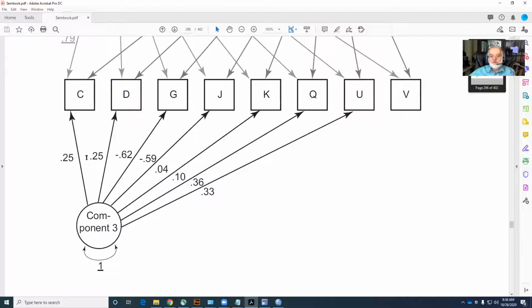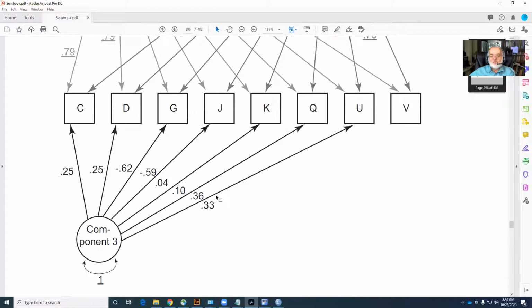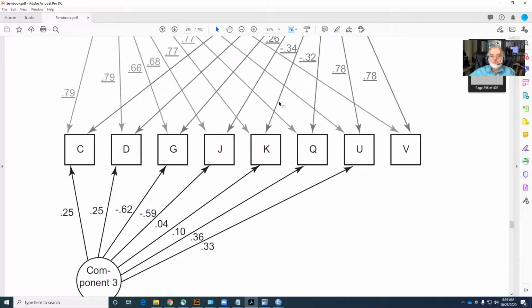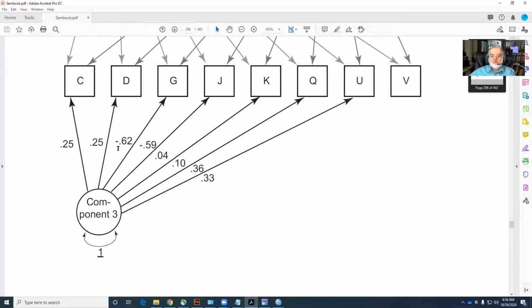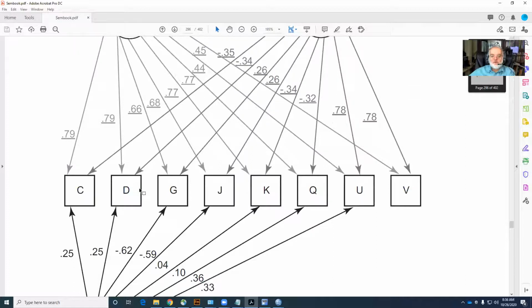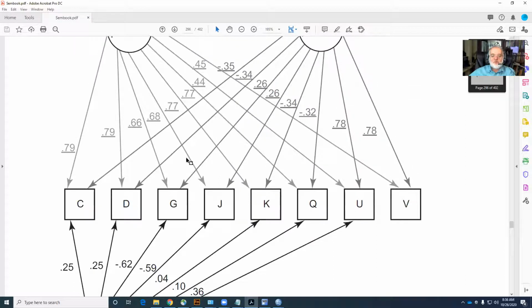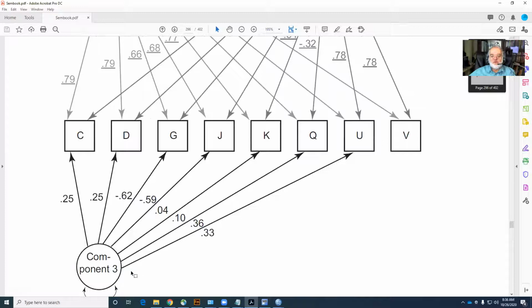Well, notice that the numbers are going down even relative to component 2. They are, again, mixes of positive and negative numbers, roughly half positive and half negative, from the negative numbers and the positive numbers that I had in component 2.